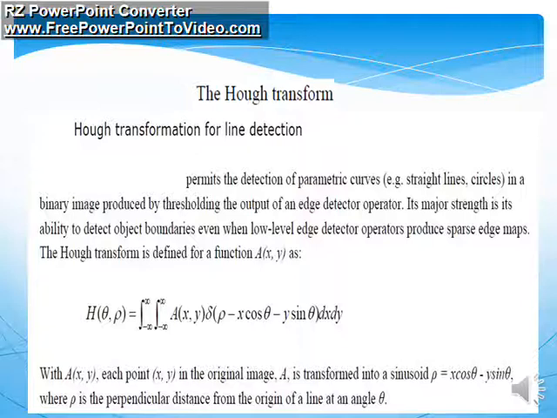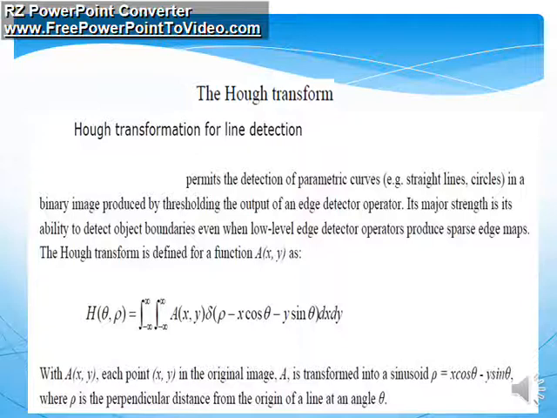Its major strength is its ability to detect object boundaries even when low-level edge detector operators produce these types of sparse edge maps.